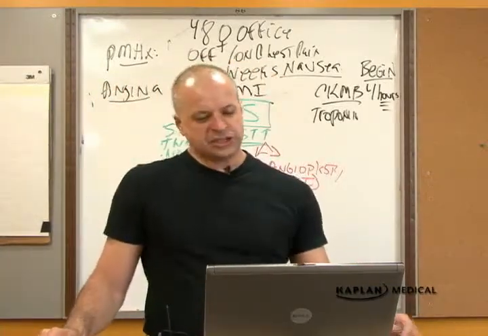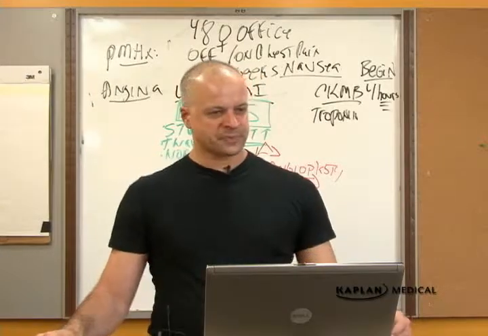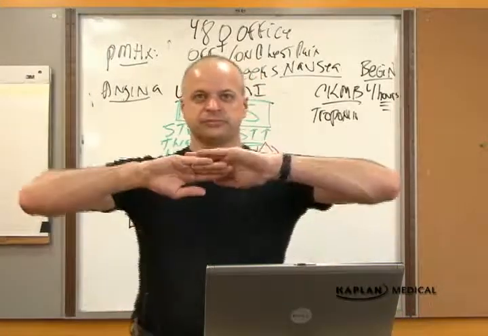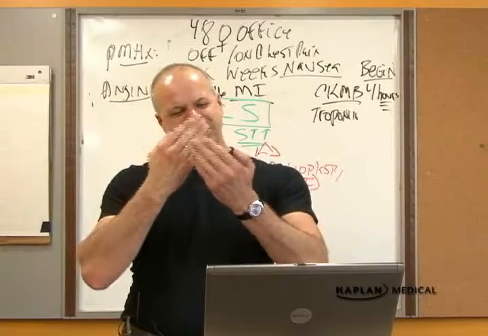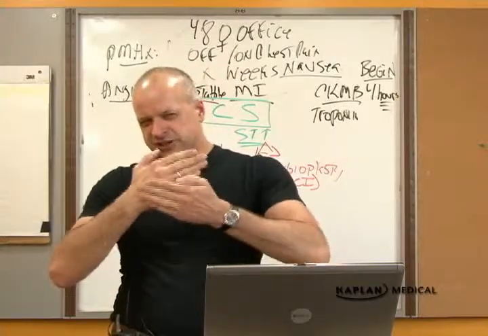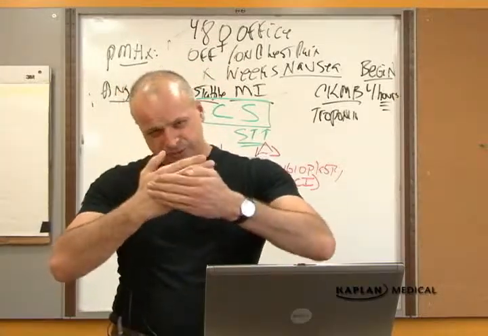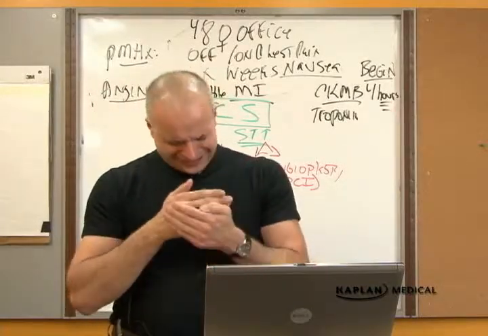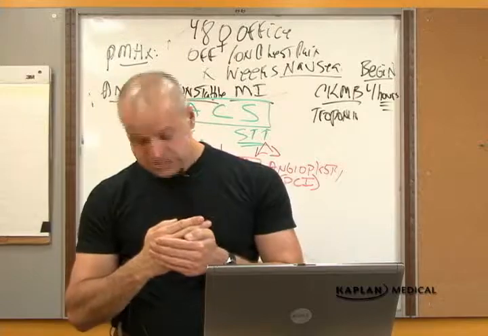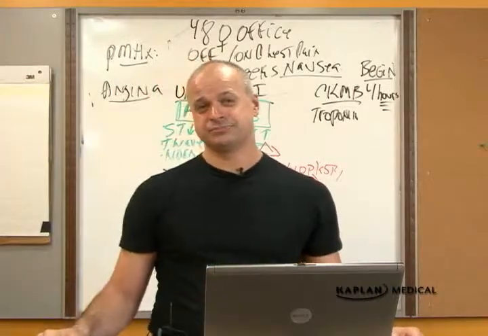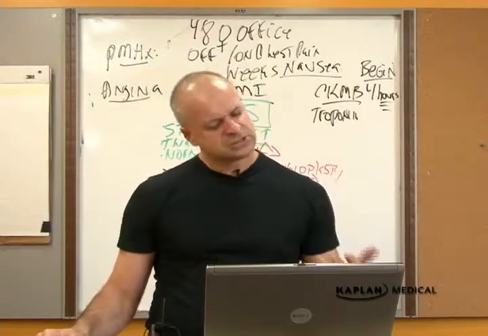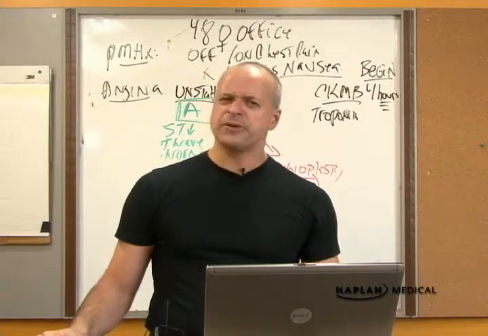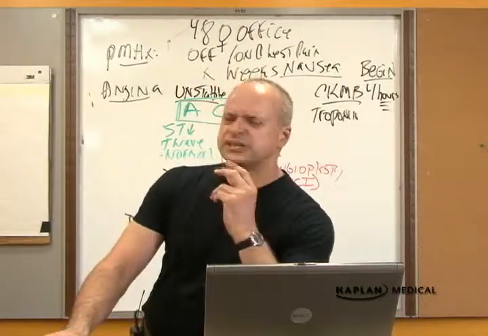Now, if some of these things seem overlapping, you know why it seems like a lot of the etiologies of chest pain have overlap in their presentation? It's because there's a lot of overlap. You know how it seems difficult to tell them apart from the presentation?